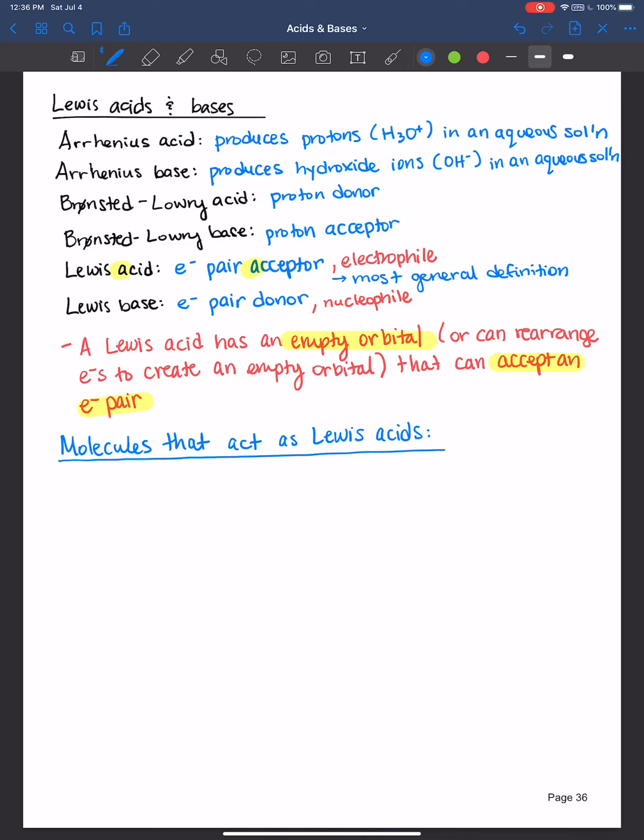So the first one I'm going to look at are the molecules that have incomplete octets. One example is aluminum chloride.